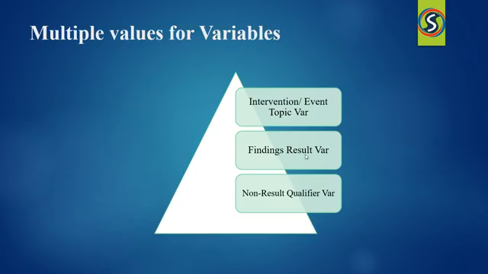And coming to multiple values for findings result variables. If multiple result values, say for example original results, are reported for a test in a findings class dataset, multiple records should be submitted for that test code. Let's consider one example for EG test code values.